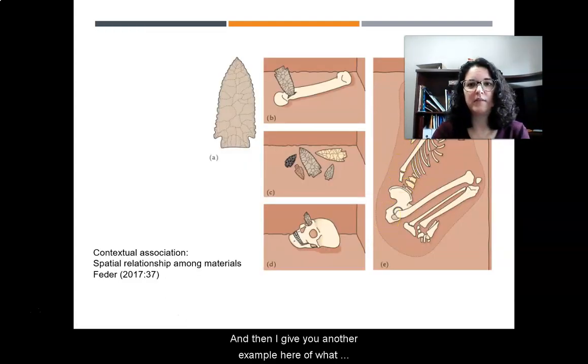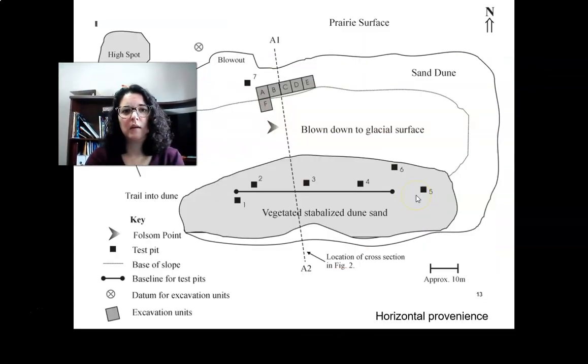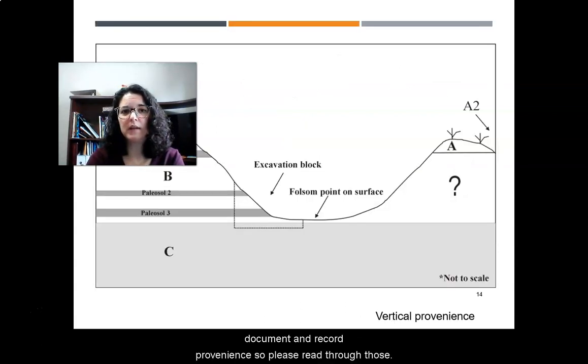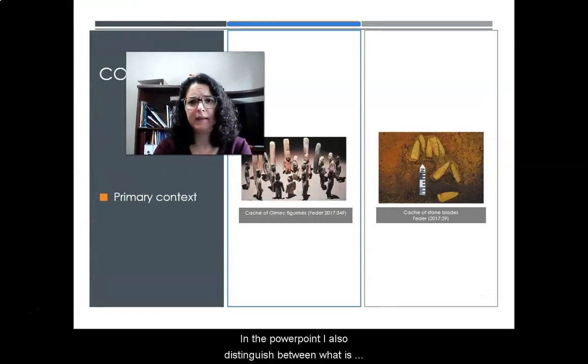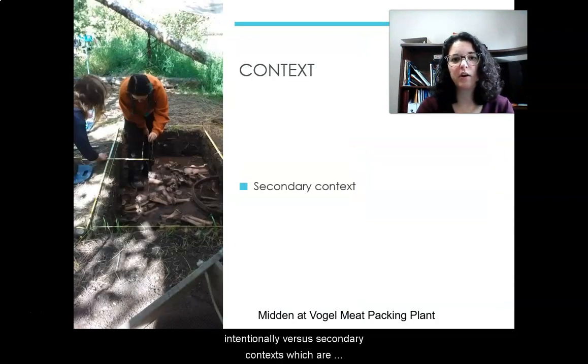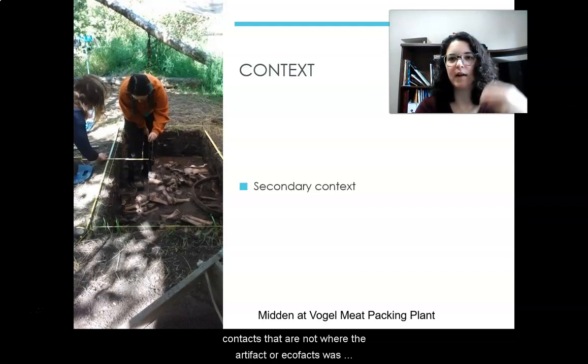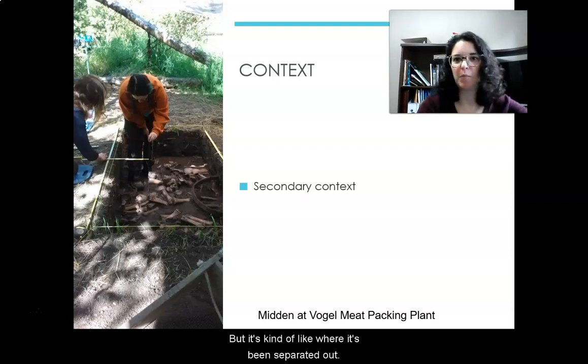And then I give you another example here of what contextual association looks like and why it's important. Then I give you some other examples of how we document and record provenience, so please read through those. In the PowerPoint, I also distinguish between primary context, or in situ context, basically where materials were left behind deliberately, intentionally, versus secondary context, which are contexts that are not where the artifact or ecofact was being used or left behind, but where it's been separated out.